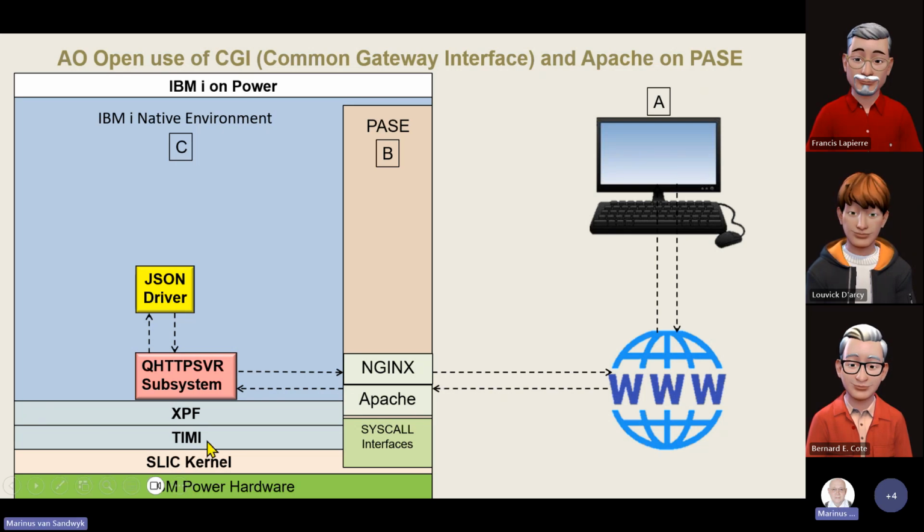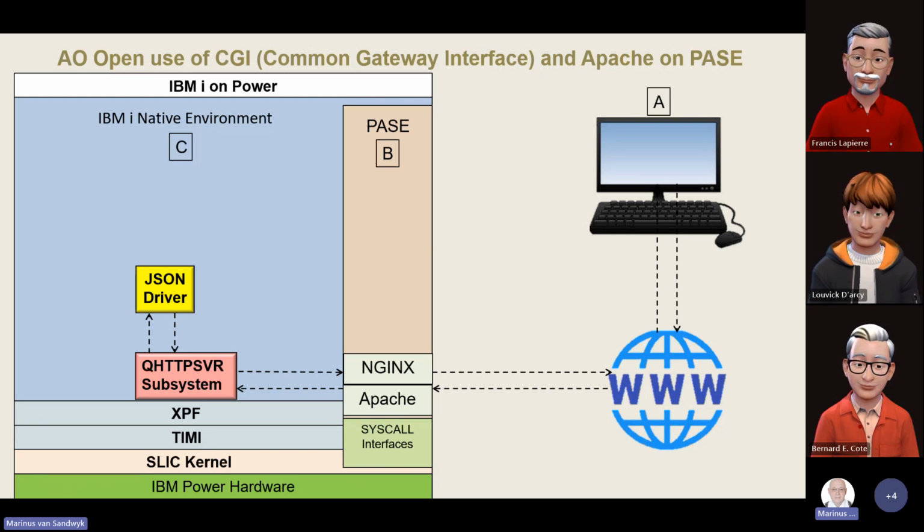Then you have the technology independent machine interface, and Bernard, this is what you alluded to earlier on, where it was possible for IBM to move from the CISC-based processors to the RISC-based processors, from a 48-bit processor, the AS400 was a 48-bit processor, to a 64-bit processor, and immediately use the full register, all 64 bits.